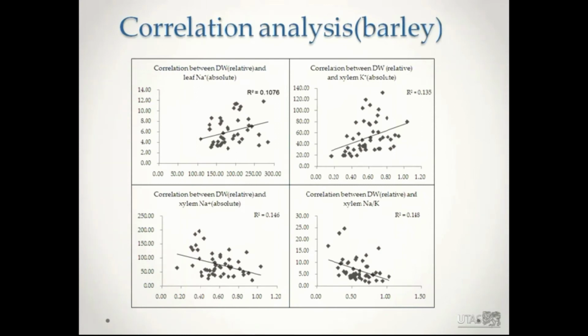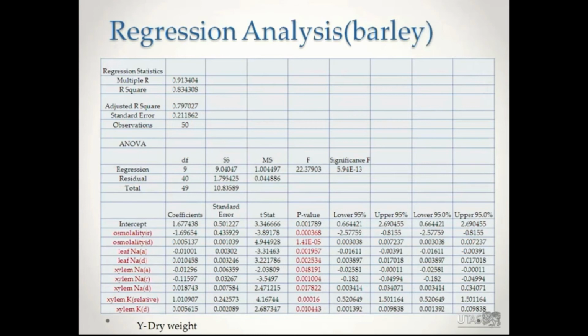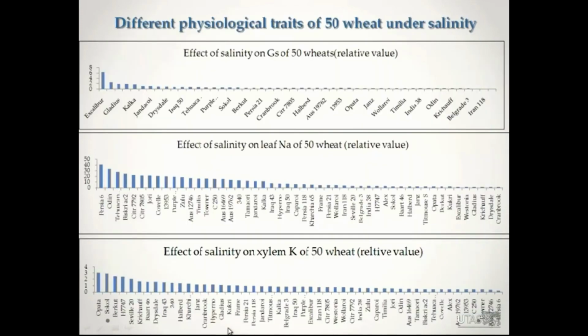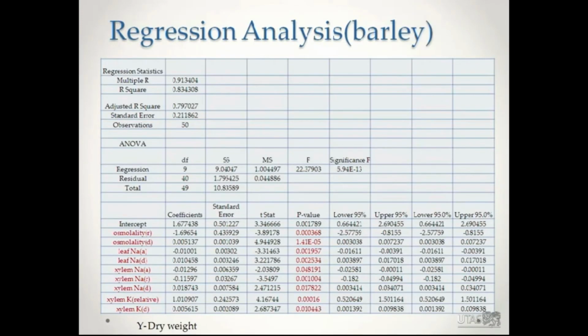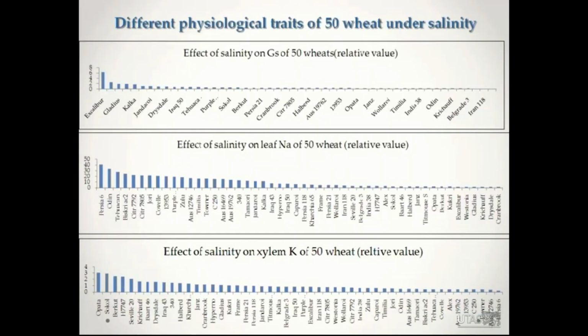Then I did the correlation analysis and the regression analysis, and I found that the osmolality, sodium content in leaves, potassium and sodium content in xylem have a significant correlation with dry weight. Sorry, the dry weight is one of the biomass measures.